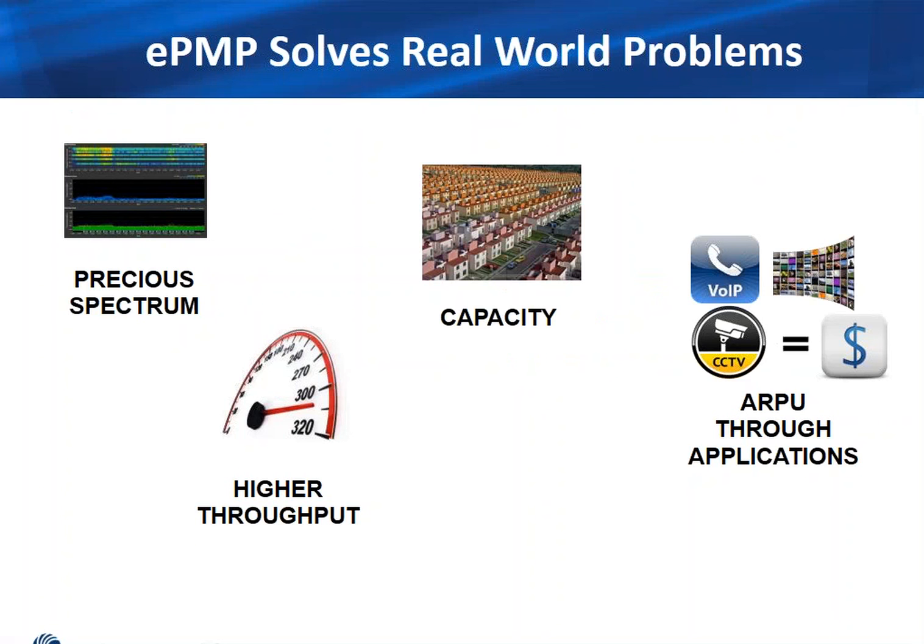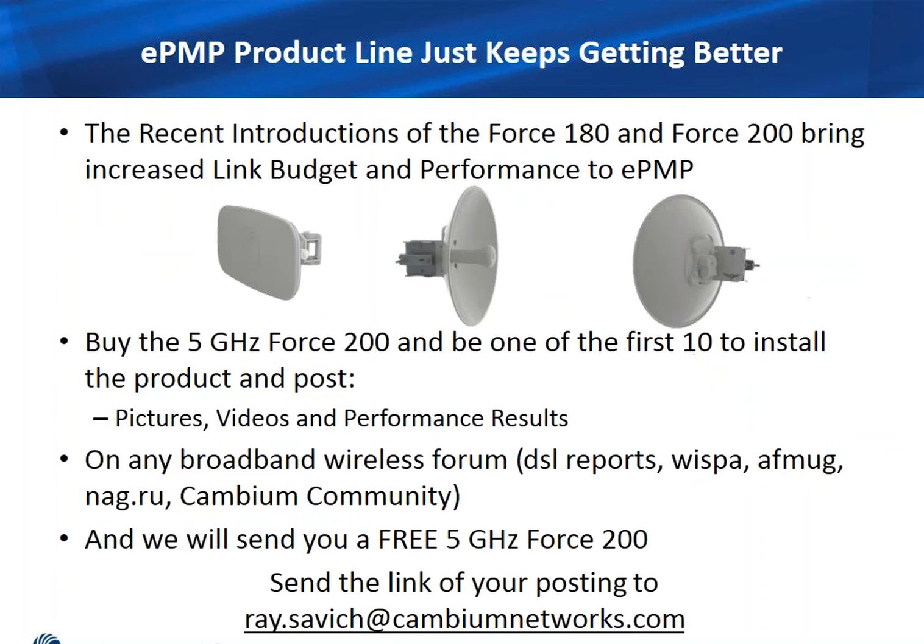If you're deploying in an area where spectrum is precious and you need high throughput and capacity, and you want to be able to offer additional applications in order to increase your revenue stream, then ePMP is the solution for you. So, new product here with the Force 200, and as all of these products do, they increase the link budget and the performance of ePMP.